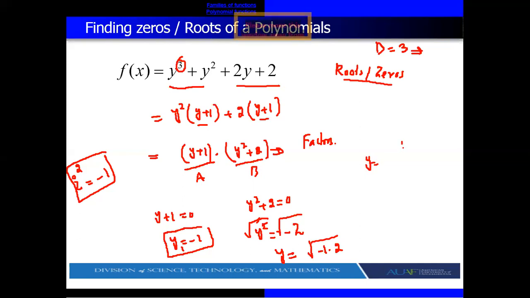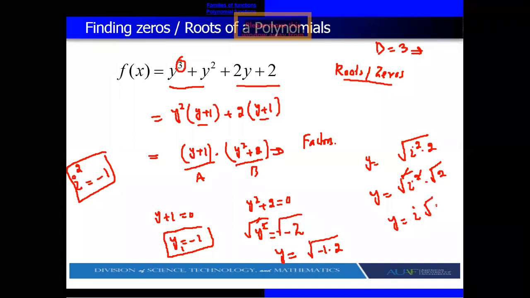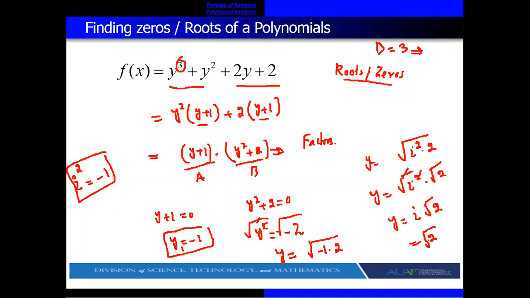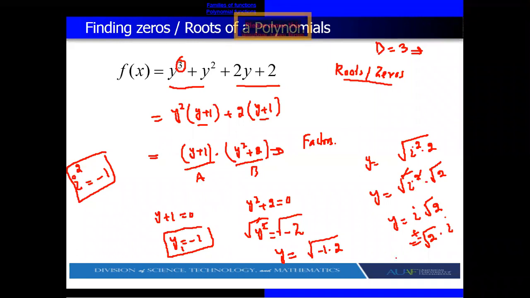When we replace minus 1 with iota square, multiplied by 2, the square cancels with the square root. So y is equal to iota into the square root of 2, or we can write the square root of 2 multiplied with iota. But two values are possible for the square root, plus and minus.